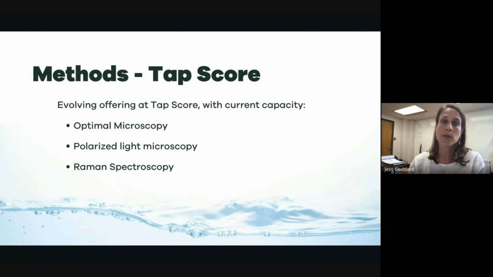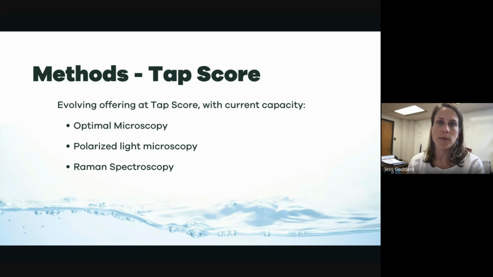We have optical microscopy and polarized light microscopy, which support the counting of microplastics. Optical microscopy is quite literally filtering a sample, putting that sample underneath a microscope, and then someone visually inspecting and counting with the magnification of the microscope.